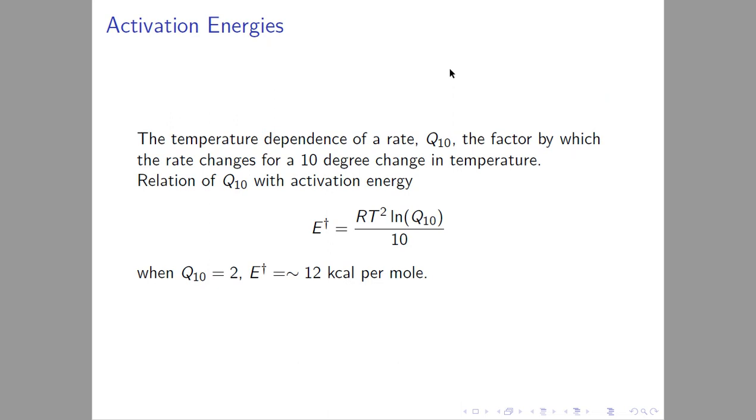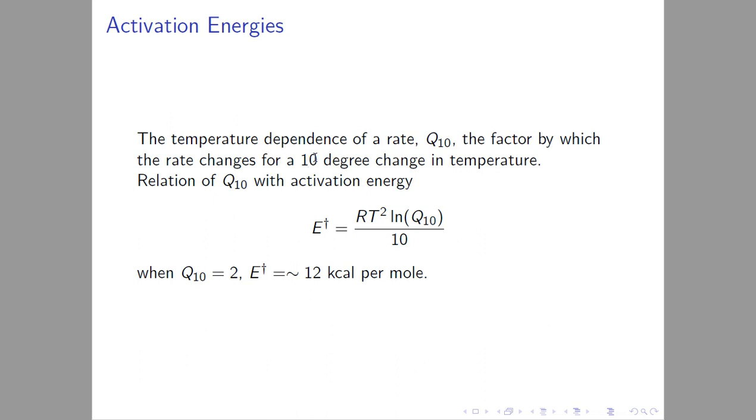The activation energy can also be found using the temperature dependence of the rate, Q10, where Q10 is the factor by which the rate changes for a 10-degree change in temperature.